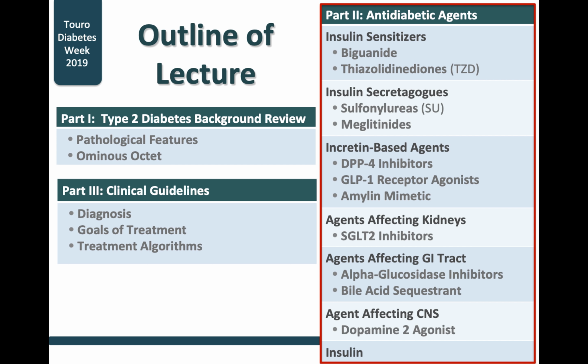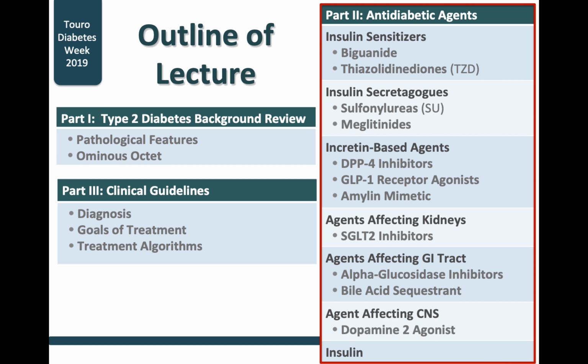And we also have insulin secretagogues. We have sulfonylureas and meglitinides. And next, this is a newer pathological pathway called the incretin-based agents. There are 3 subclasses: DPP-4 inhibitors, DPP-4 stands for dipeptidyl peptidase 4 inhibitors; GLP-1 receptor agonists, glucagon-like peptide 1 receptor agonists; and amylin mimetic.